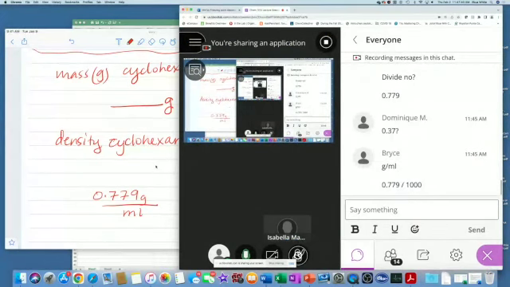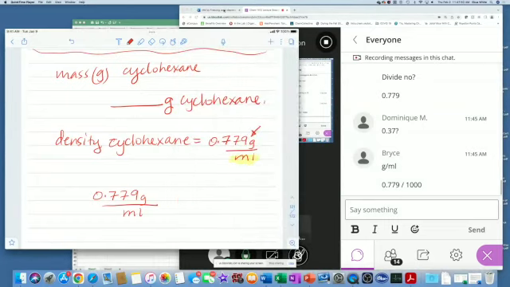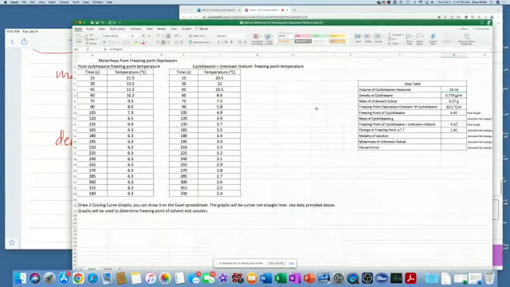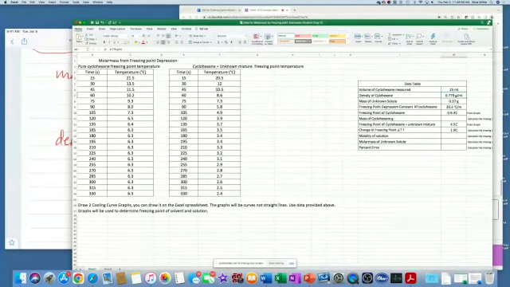If you divide by 1,000, I'm assuming you're going to make it kilograms. We're trying to get rid of the milliliter. So look at the numbers in the table. I know this lab is different, right? Do we have any other number that goes with cyclohexane that actually has a milliliter unit?